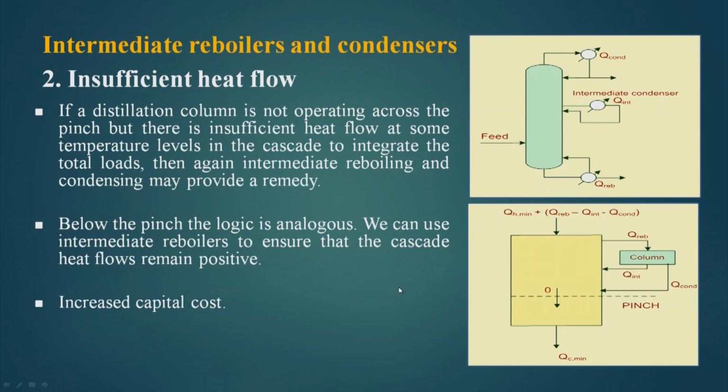But this will increase the capital cost, and this increase in capital cost has to be weighed against the savings. So, a trade off between these two has to be found out, and if the savings are more, then we can go for intermediate reboilers and condensers.